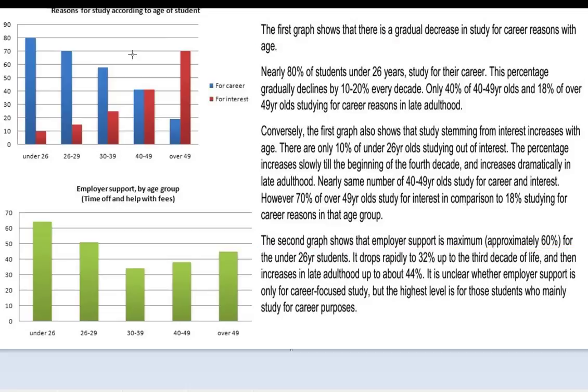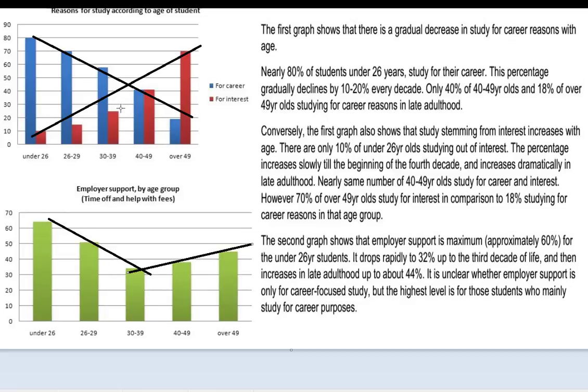Now, if you look at the graph itself, well, the most obvious features are that these blue bars are decreasing, the red ones are increasing, and when we look at the second one, we have this V shape, bottoms in the middle.